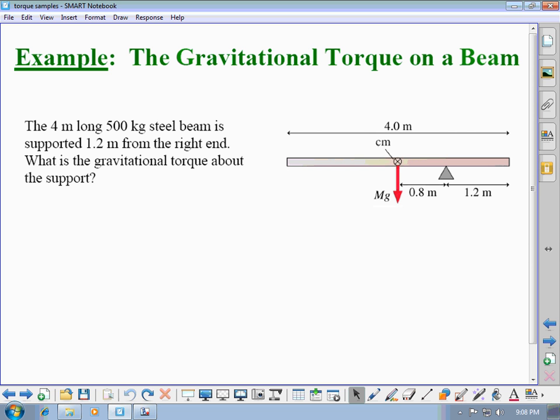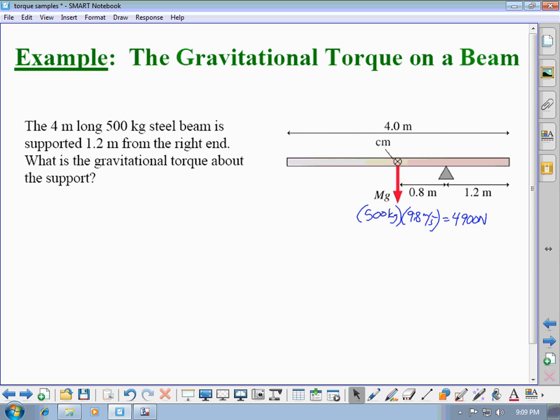So the first thing that we need to do is to calculate the weight. The weight of the object is 500 kilograms times 9.8. So that's 4,900 newtons. Now, the weight of the object is acting at its center of mass.